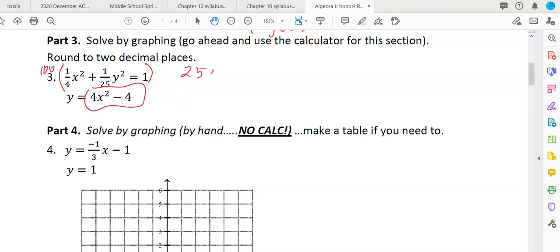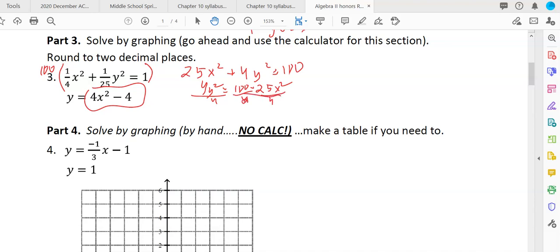Then I get 25x squared plus 4y squared, so we get 4y squared equals 100 minus 25x squared. Divide by 4, divide by 4, divide by 4.